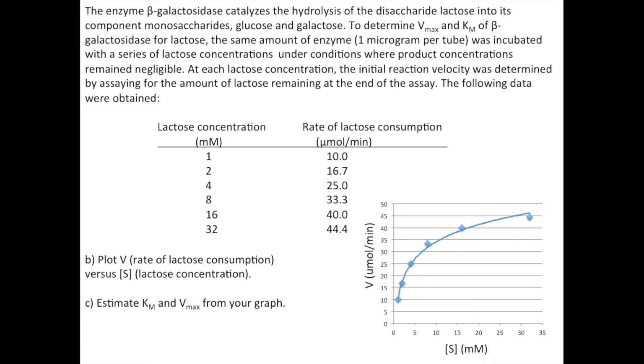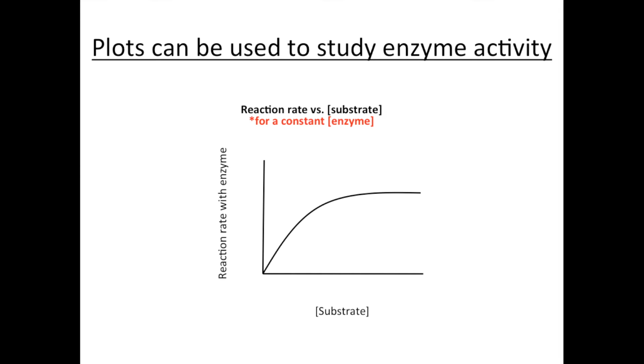Next, we're asked to estimate Km and Vmax from our graph. Let's just take a quick look back at what those are. Here we have a sample graph of a reaction fairly similar to the one that we just plotted. The substrate concentration is on the x-axis, the reaction rate is on the y, and you can see that our curve levels out at a certain point when the substrate concentration is relatively high.